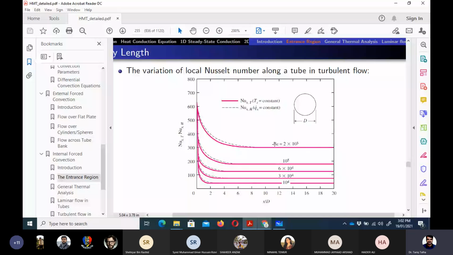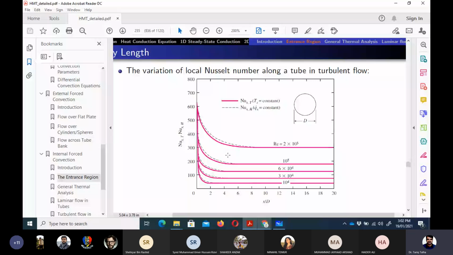So it means that the assumption of 10D is safe for us. After 10 times the diameter length, it would be safe to assume that the flow inside the pipe is turbulent.